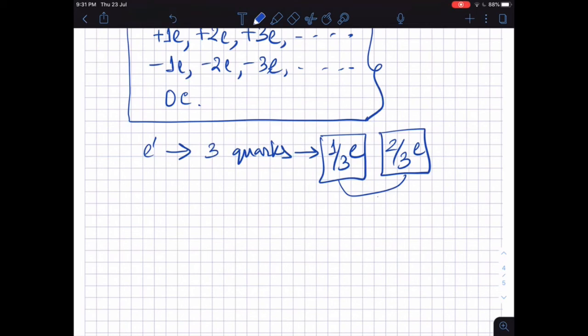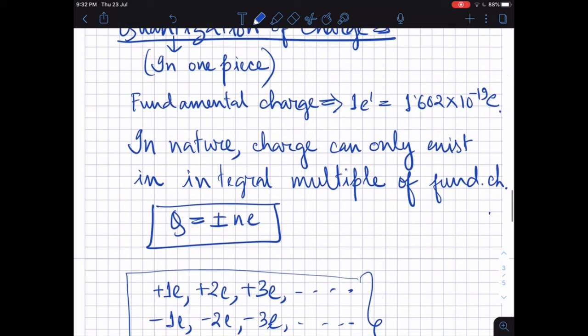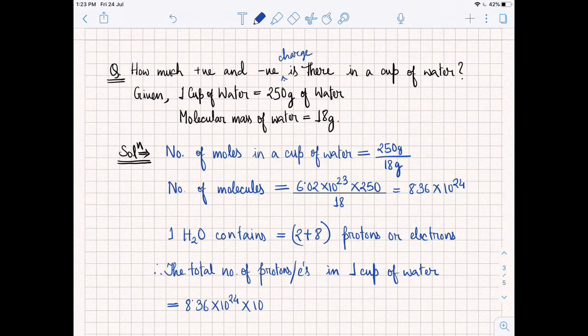They always exist in groups of 3. Which is why the electron charge is the minimum charge that is available in nature independently. So that's what is meant by quantization of charge.